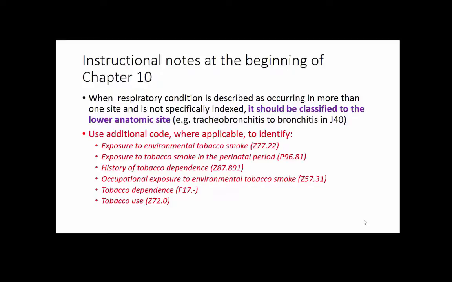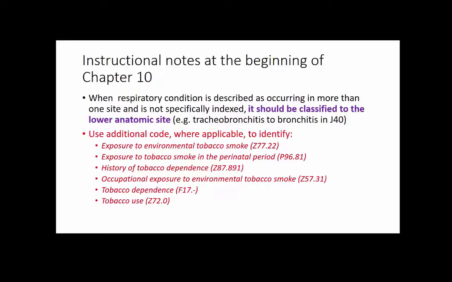We're also given instructional notes to use an additional code where applicable to identify exposure to environmental smoke, exposure to smoke in the perinatal period, a history of tobacco dependence, occupational exposure to environmental smoke where you're working in an environment where you're having exposure to smoke, tobacco dependence, and tobacco use. They are differentiated.